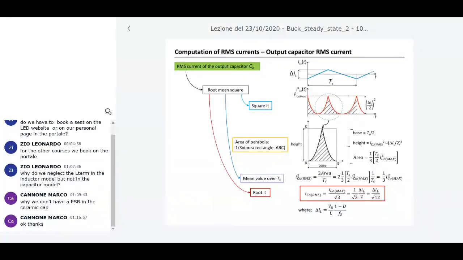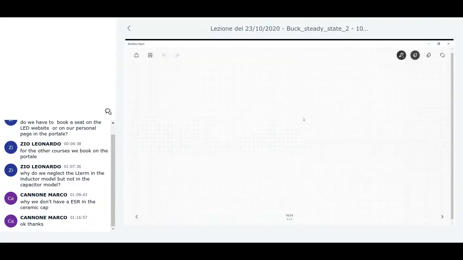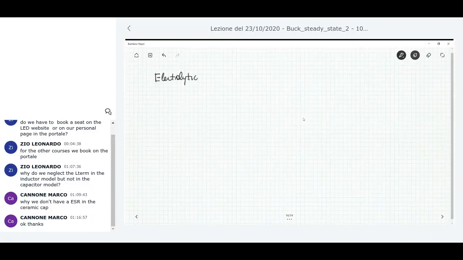I need to share my whiteboard to do that. So, as I said, electrolytic capacitors have ESR.